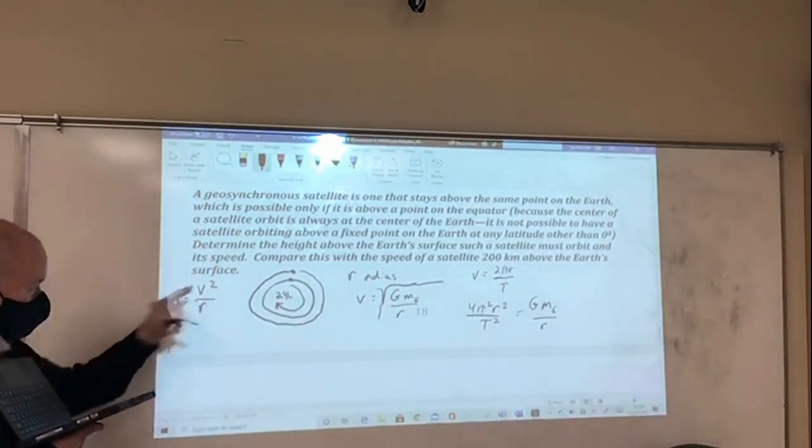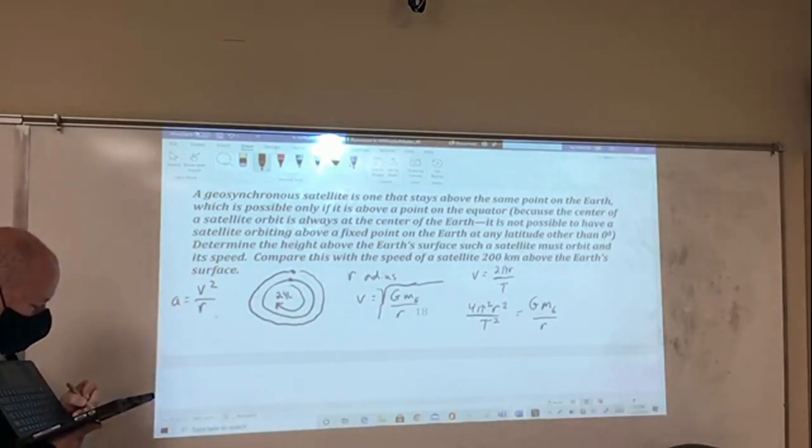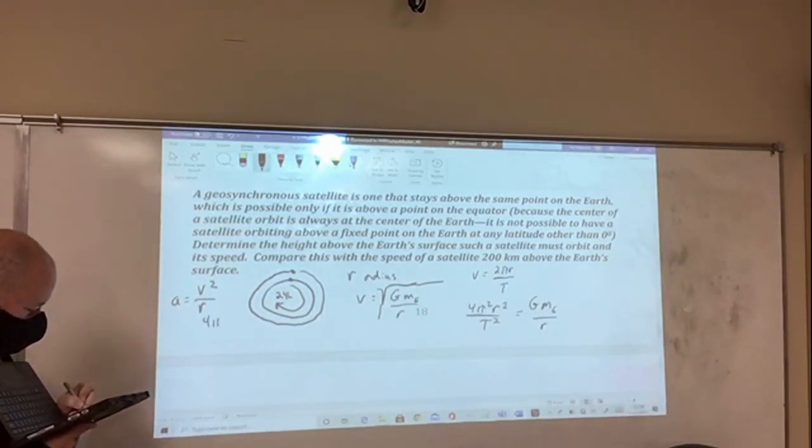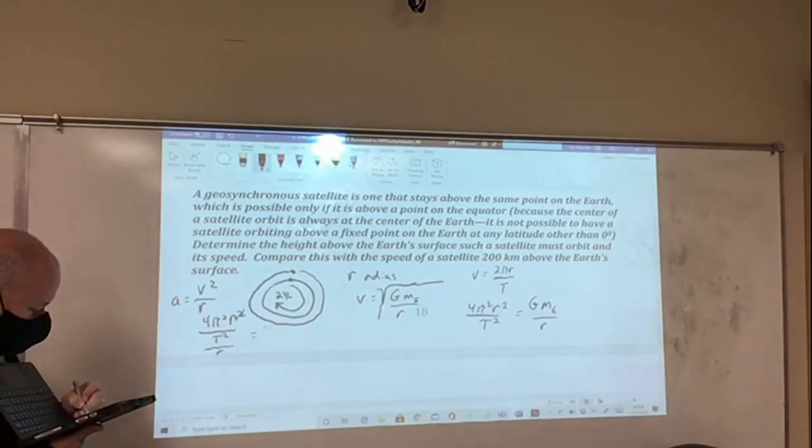So when I do that squaring of the v, I end up with 4 pi squared r squared over T squared over r, and that r cancels out, so I end up with 4 pi squared r over T squared.